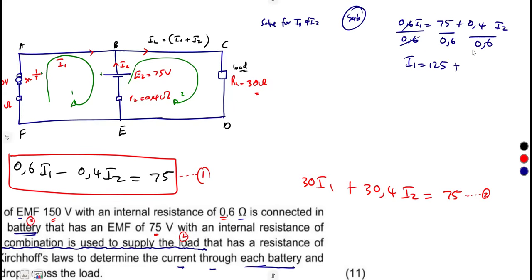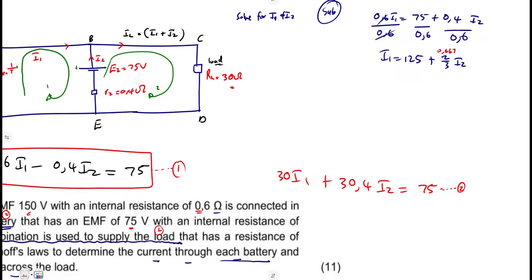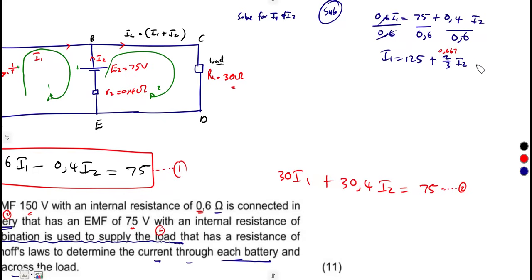So I1 is going to give us 125 plus 2 over 3 I2. That's 2 over 3, which is 0.667, or you can just write 2 over 3 I2, or as a decimal, it's up to you. It's still one and the same. That is going to be our equation 3, which we're going to substitute in equation 2 to find I2.